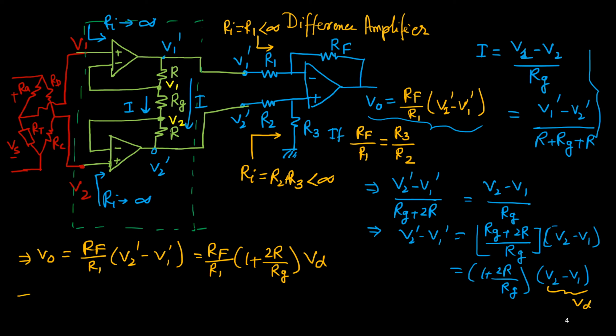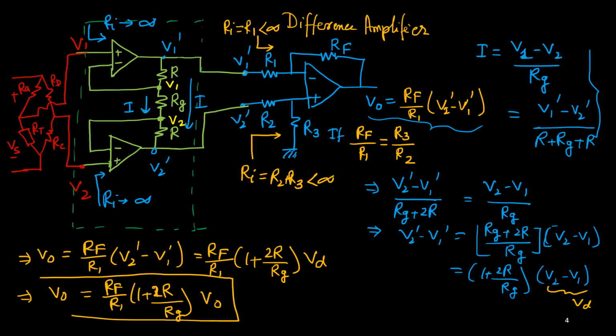So we get the output V0 equals Rf upon R1, (1 plus 2R upon RG) times Vd. This is the gain of this amplifier. Only the difference voltage is amplified, where the gain factor is Rf upon R1 times (1 plus 2R upon RG).